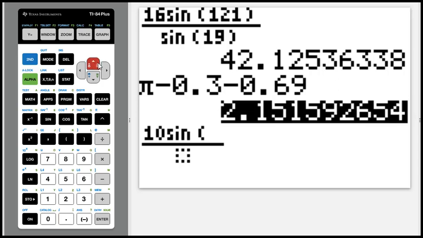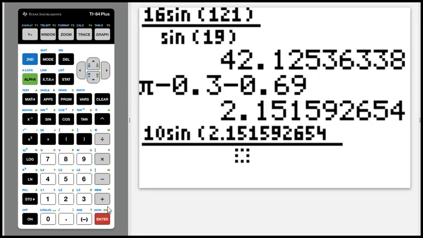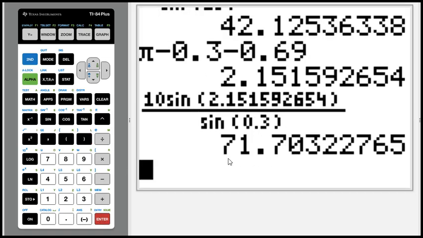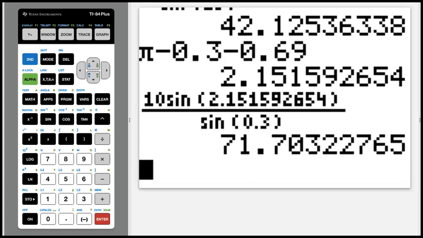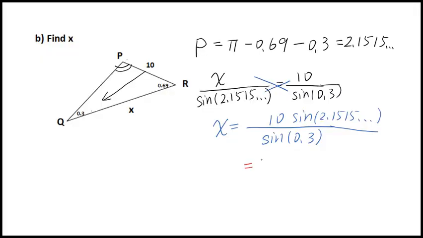Then we will move the arrow to the top and drop down these full answers. Then go down, go to sine 0.3. Then enter. You will get 71.7 for x. Since this is the final answer, I will give 3 significant figures. That is 71.7.